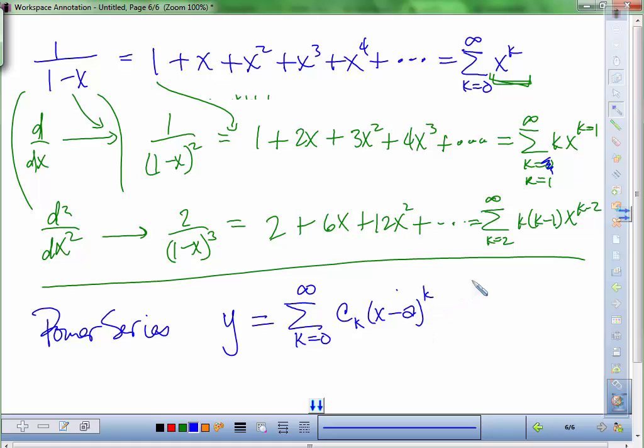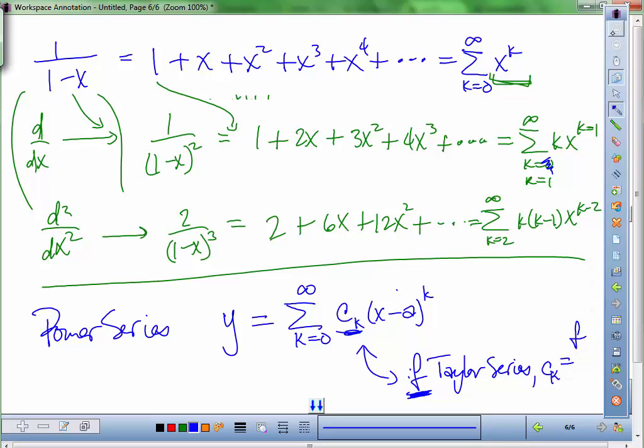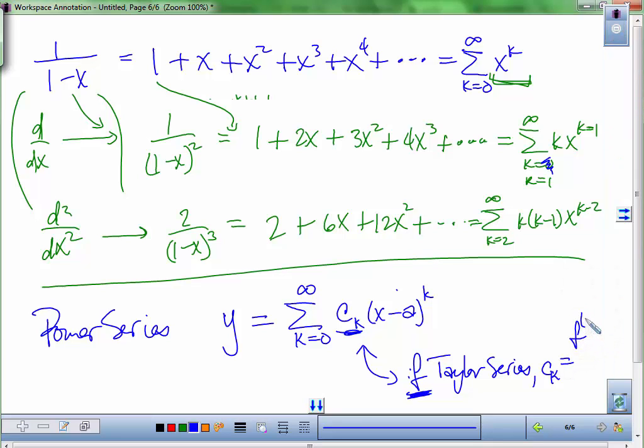So if this is a Taylor series, then c sub k is actually equal to the kth derivative of f evaluated at some value a divided by k factorial.